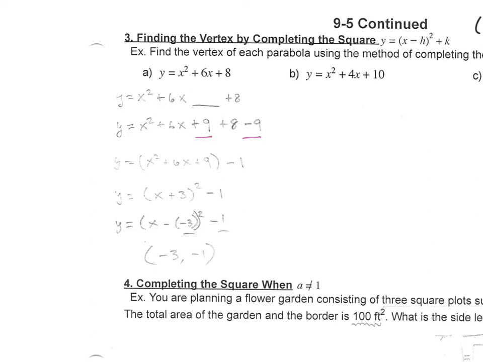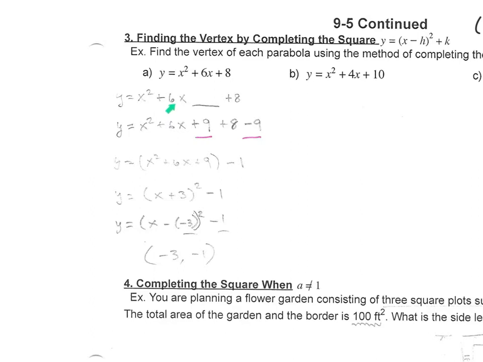Looking here, the problem is set up a little bit differently. I don't have a perfect square here, but what I'm going to do is create the perfect square by adding the value of 0 to my function. What I mean by that is, instead of adding 9 to both sides in this case, we're going to add 9 and then subtract 9, which will give me the value of 0.